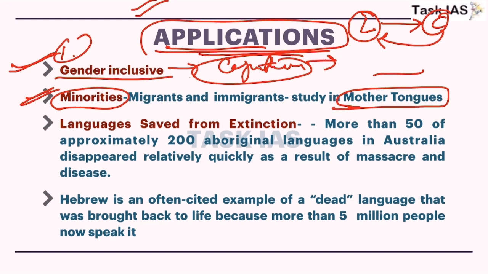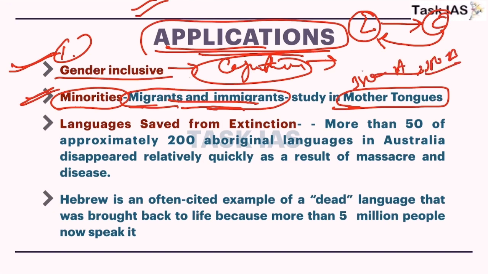That will provide a boost to cognitive development. And for migrants or immigrants, it is important that the government provide them basic facilities regarding education in their mother tongue. You can relate this with Article 350A or 350B in our Constitution.